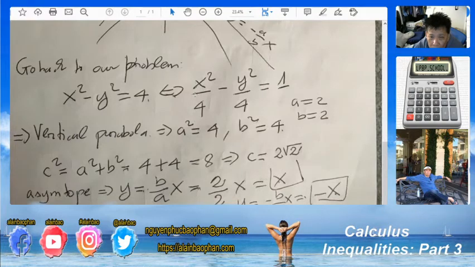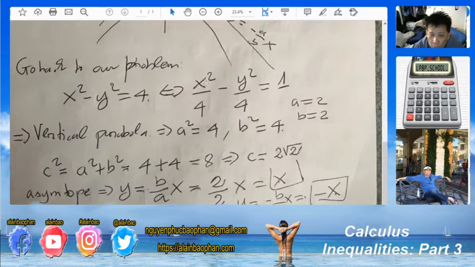Then you have x squared over 4 minus y squared over 4 equals 1. So this is the form of x squared over a squared minus y squared over b squared equals 1, where a squared equals 4 and b squared equals 4.